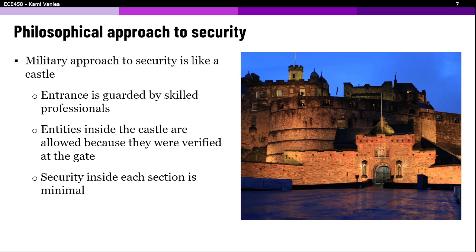Maybe you have curtain walls, where there is minimal security at first and then more and more security. But the point here is you're throwing all your resources into having security professionals who know what they're doing being in charge of security at the edge. And then everything inside has at best minimal security. It's assuming that you couldn't have gotten past the gate without this. Maybe there's a bit, but not all.